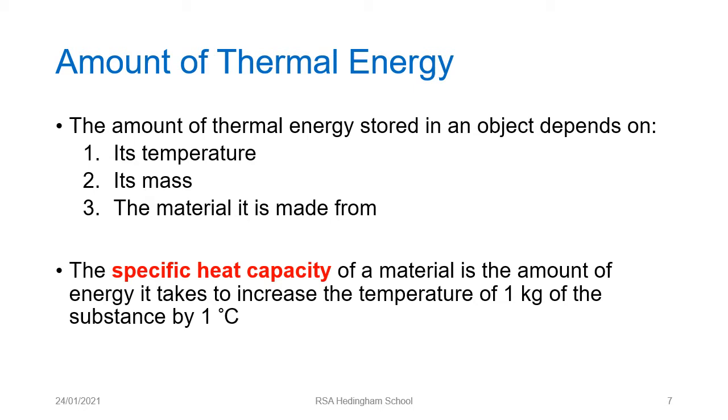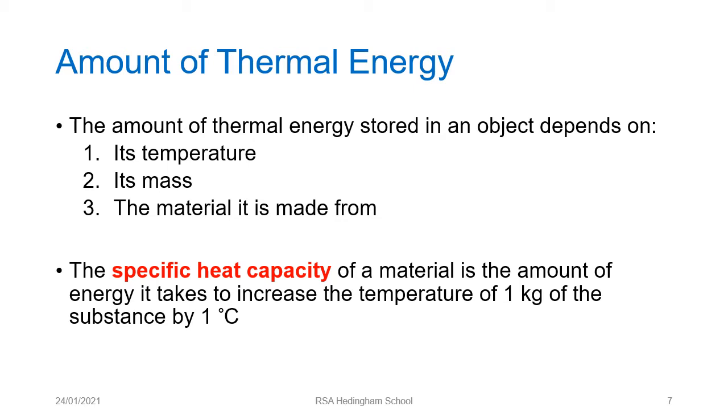So the amount of thermal energy in an object depends on three things. It obviously depends on the temperature. The higher the temperature, the more thermal energy there will be. It also depends on the mass, as we've just seen. The bigger the mass, the more thermal energy for a given temperature. And the third one is it depends on the material it's made from.